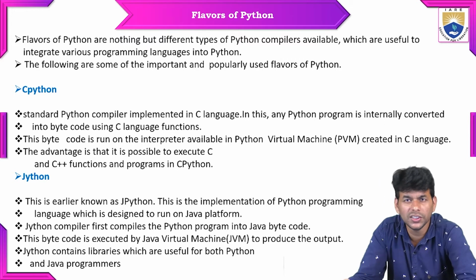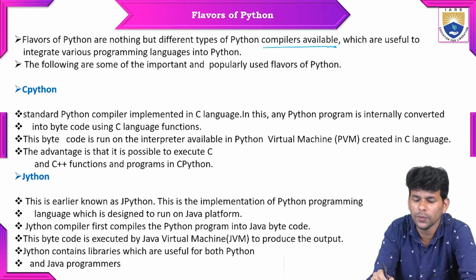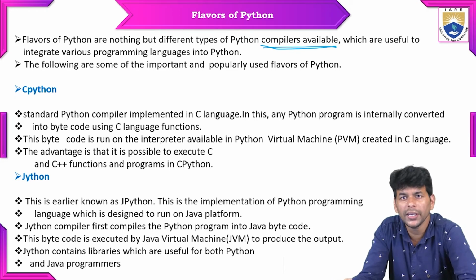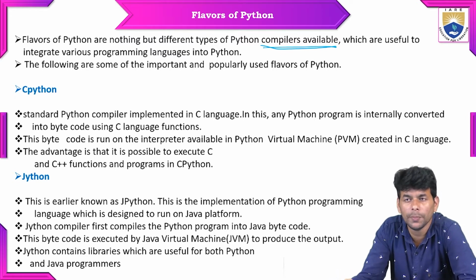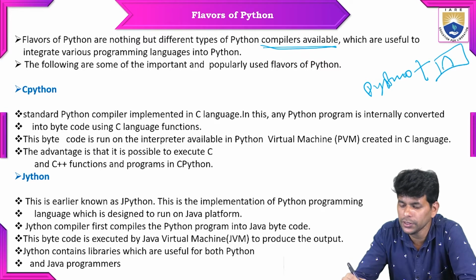Let us see here. Flavors of Python are nothing but different types of Python compilers available, which are useful to integrate various programming languages into Python. That means Python can be integrated with different programming languages like C++, C#, and Java for the creation of new software.